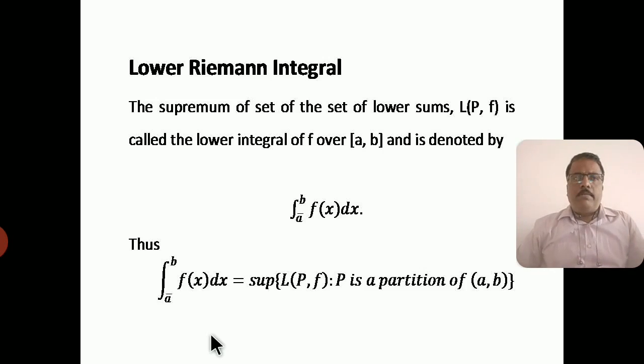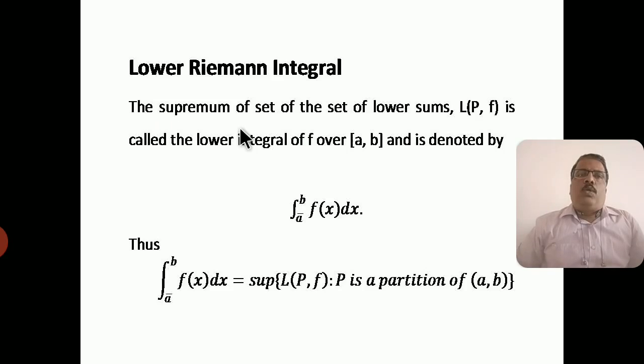So here the lower Riemann integral means it is the supremum of the set of lower sums L(P,f), called the lower Riemann integral over the interval [a,b], and it is denoted by integration from a bar to b f(x) dx. So here the supremum means what? The supremum means the least upper bound.